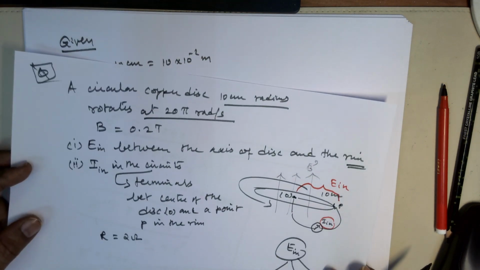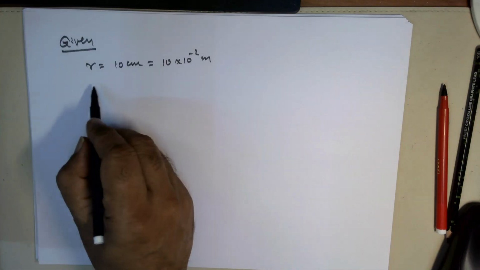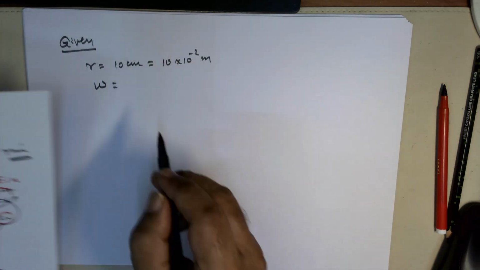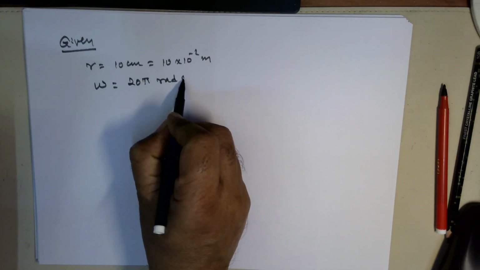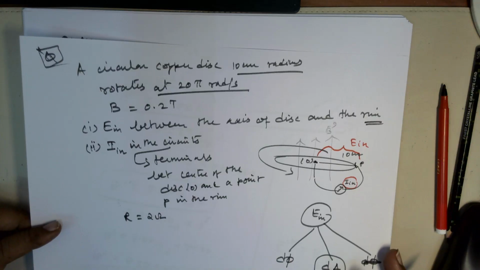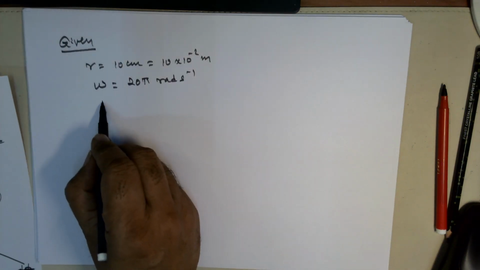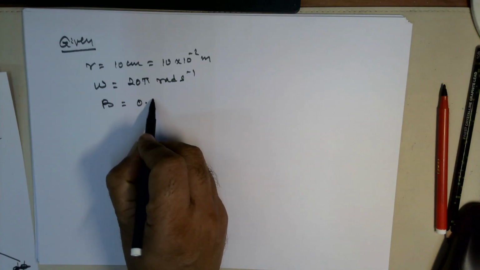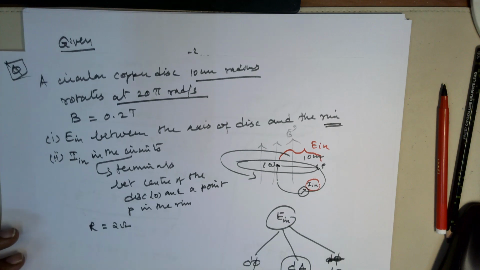It rotates at the speed omega, the angular velocity. So omega is equal to 20 pi radian per second. And the magnetic field given here is 0.2, so B is equal to 0.2 Tesla.